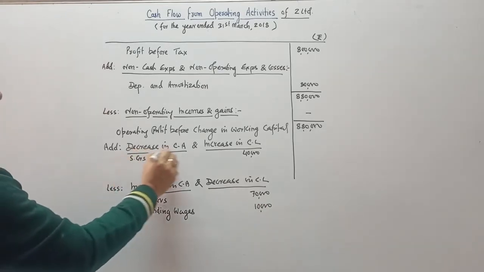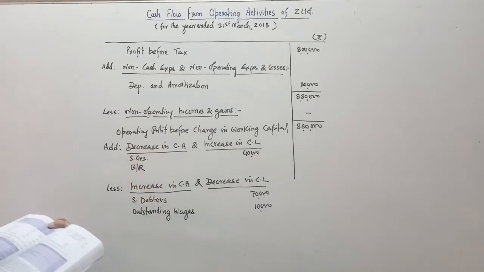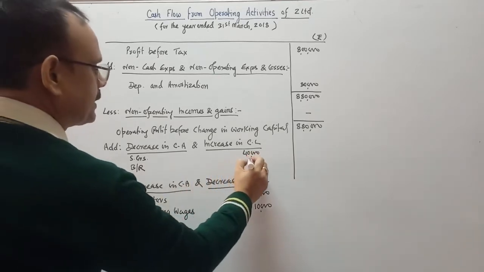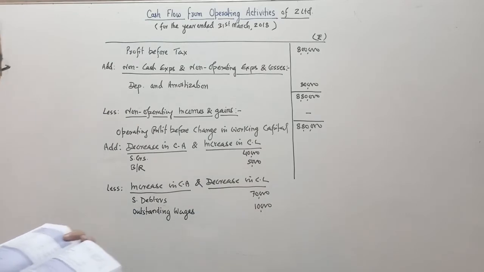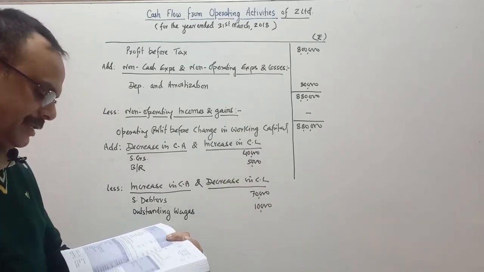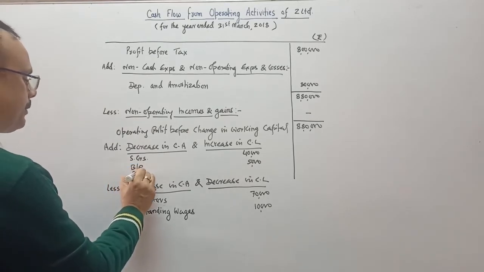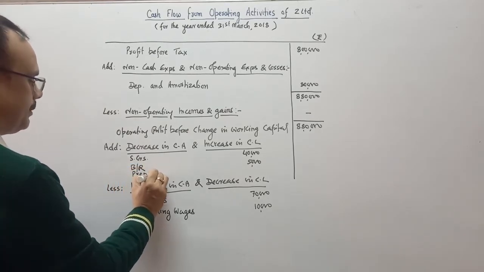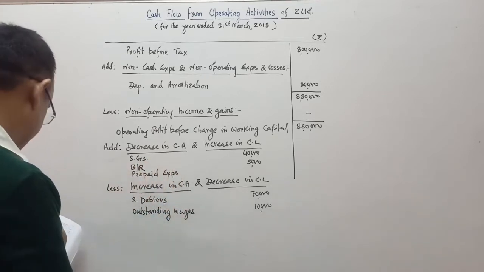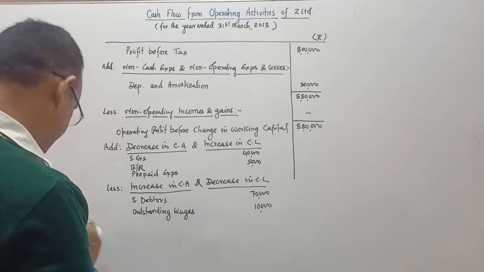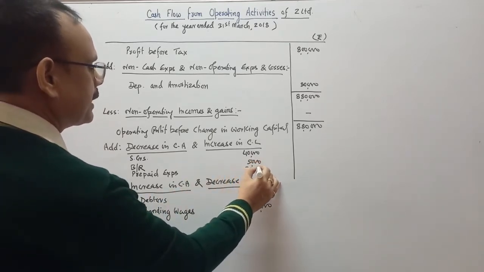Bills receivable is a current asset, decreased by 5,000. Next is prepaid expenses decrease. Prepaid expenses is a current asset, and it is decreased by 20,000.